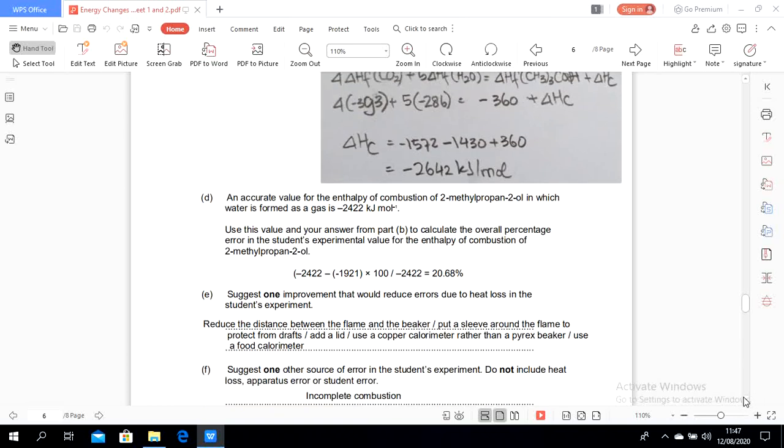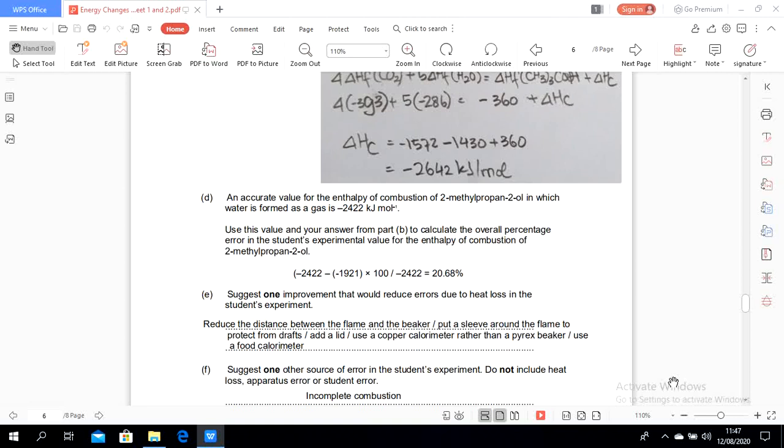Or second, the error can be reduced by using a sleeve around the flame to protect from drafts, and also putting a lid on the calorimeter so there is no heat loss or heat gain. And then we have to use proper equipment to measure the enthalpy change. Part F suggests one other source of errors in the student's experiment.